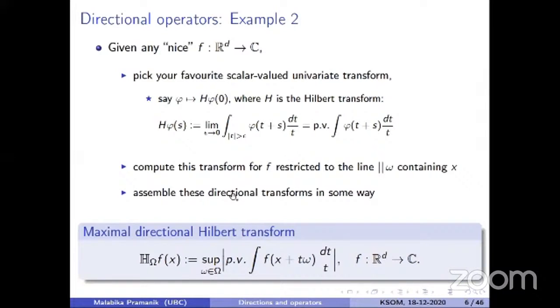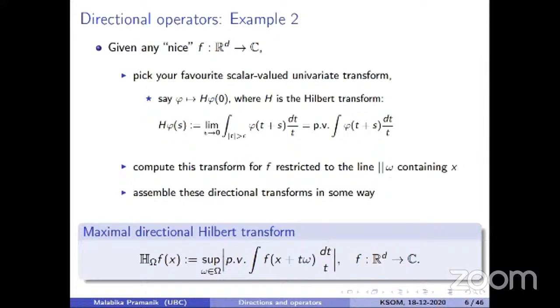Now, given a nice input function f in d variables and any point x, compute this transform for f restricted to the line passing through x and pointing in some direction little omega of capital Omega.